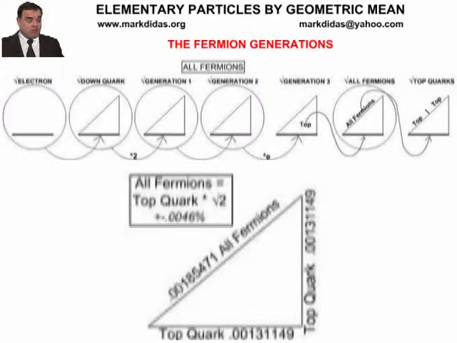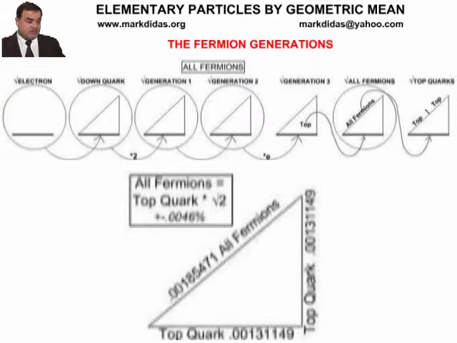Also noteworthy is a right triangle with the mass magnitudes of all fermions combined for a leg yields a hypotenuse equivalent to the mass magnitudes of 2 top quarks. This geometric relationship between mass magnitudes of all fermions, treated as one entity, and the mass magnitude of the top quark gives a geometrically feasible definition of top quark confinement.